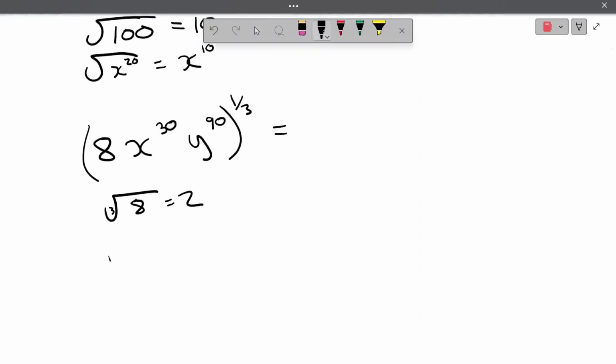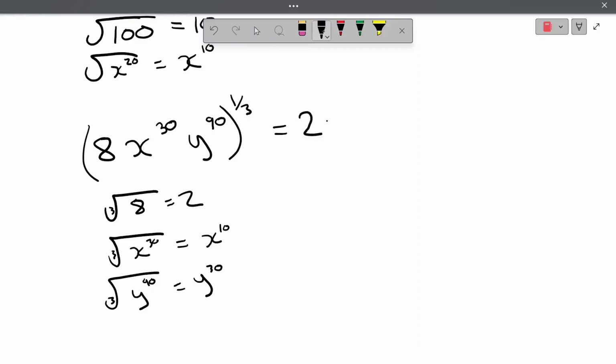The cube root of x to the 30 is x to the power of 10. And the cube root of y to the power of 90 is y to the power of 30, because you're basically doing a third of the 30 and a third of the 90. So that gets you 2x to the 10 y to the 30.